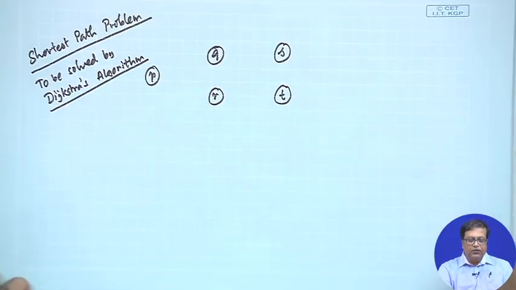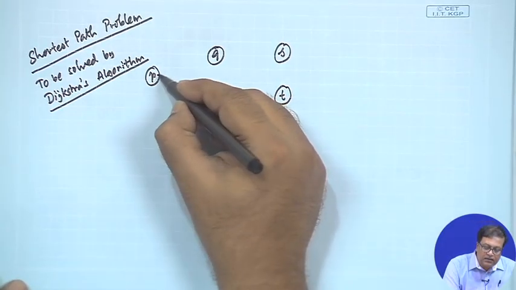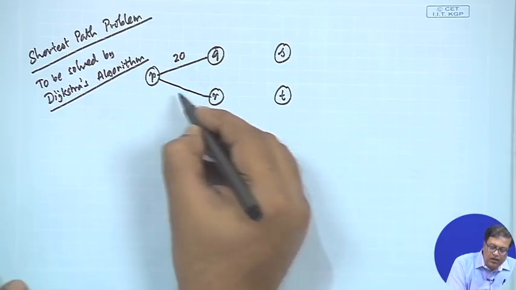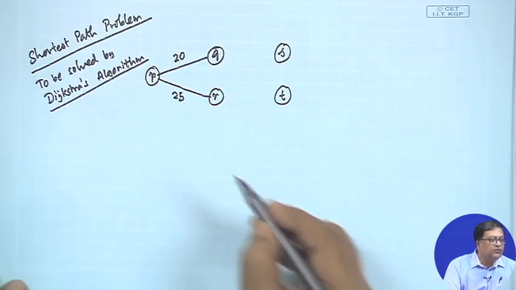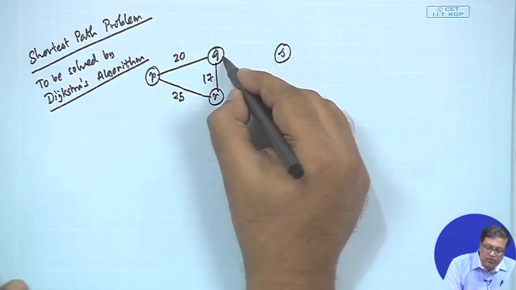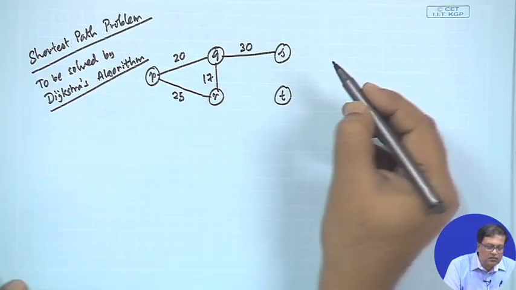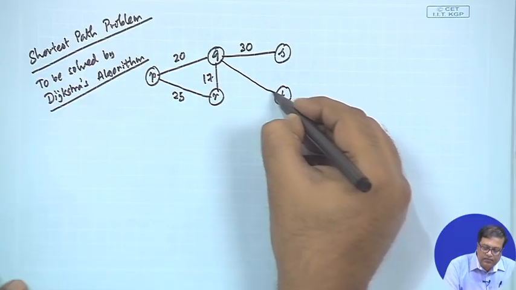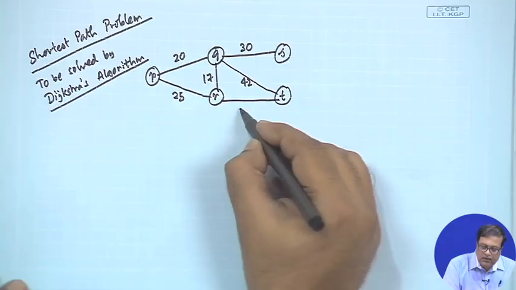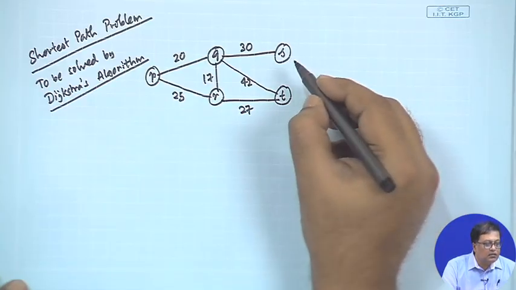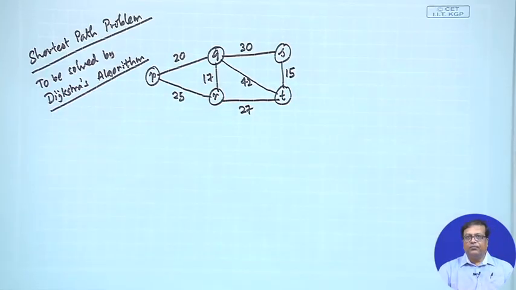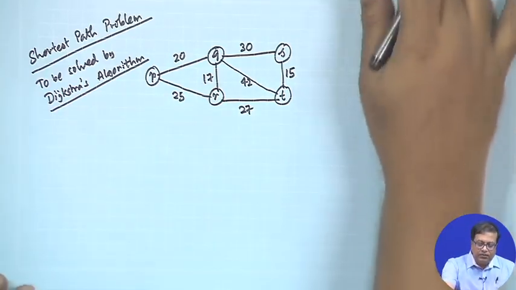From P to T we are moving, and the distances are like this: P to Q is 20, P to R is 25, Q to R is 17, Q to S is 30, Q to T is 42, R to T is 27 and S to T is 15. If you start from P, you see how we do it.